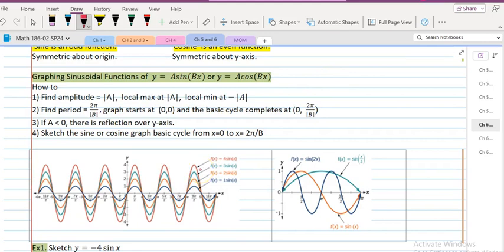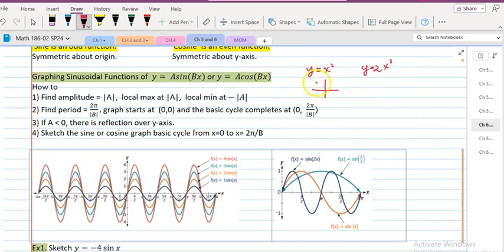We learned in chapter 1, 2, or 3 that when we have an original function, for example x squared, and multiply it by 2, it would be a vertical stretch, right?